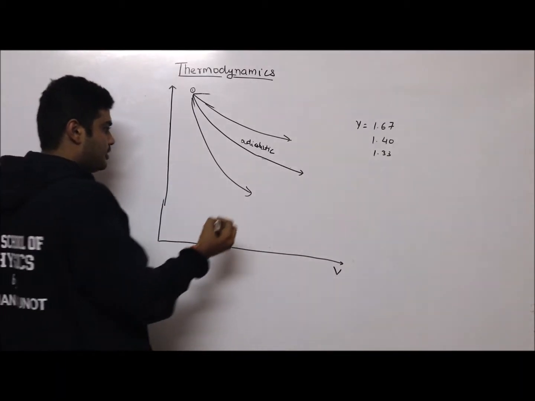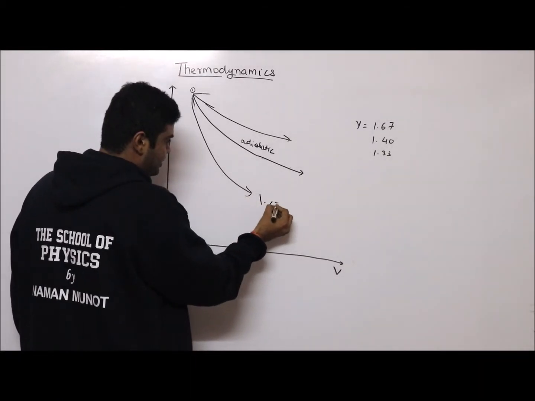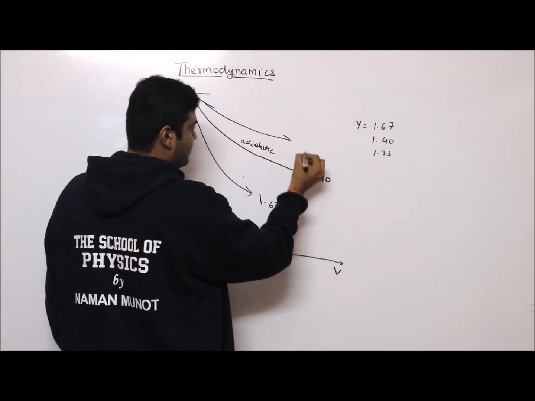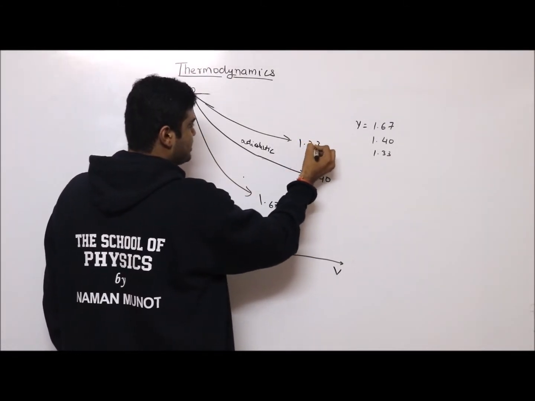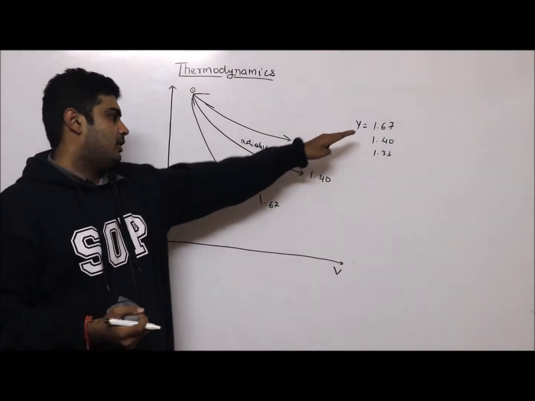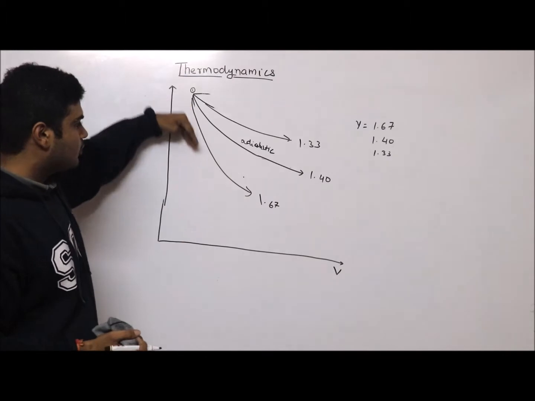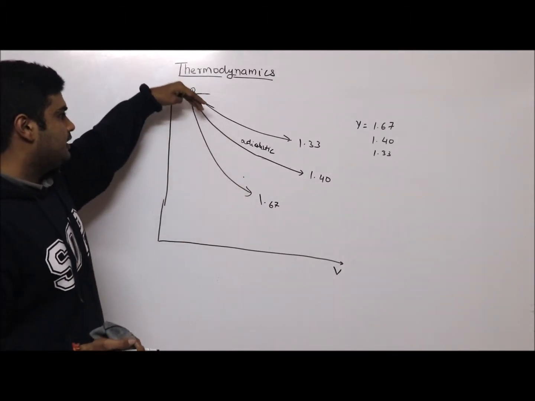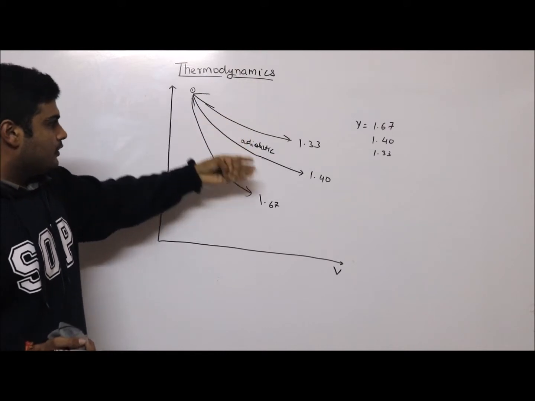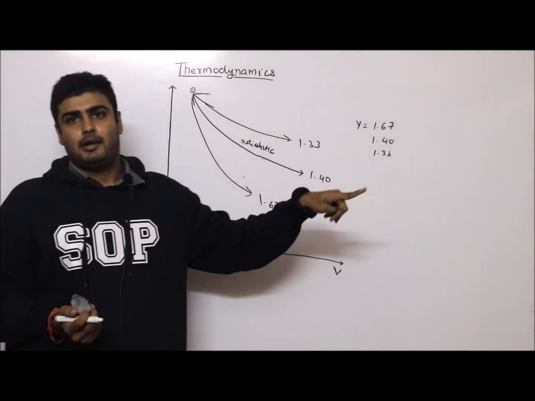So 1.67 gamma is this adiabatic, then 1.40 gamma is this adiabatic, and 1.33 gamma is this adiabatic. The adiabatic which has the highest gamma will be lower in slope, and this will be the upper one in slope. When we go clockwise, we go towards a higher gamma.